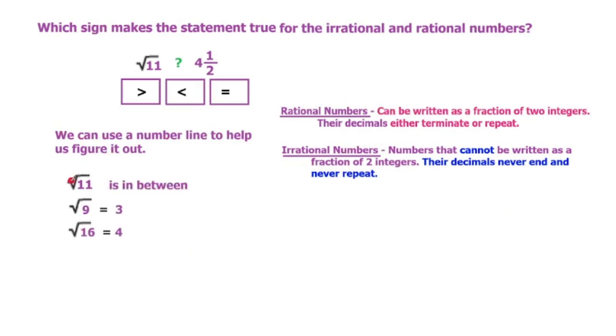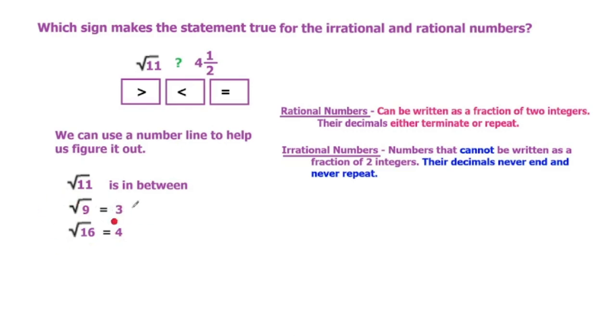So we know that the square root of 11 is in between the square root of 9 and the square root of 16. These two are perfect squares. The square root of 9 is 3 and the square root of 16 is 4. So we could see that 11 is between 9 and 16, and 9 and 16 are the perfect squares.